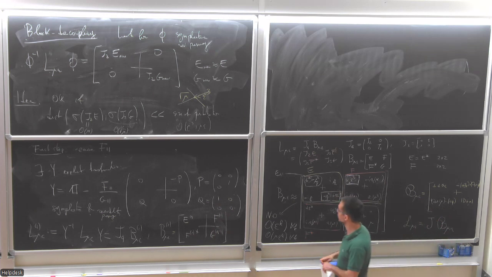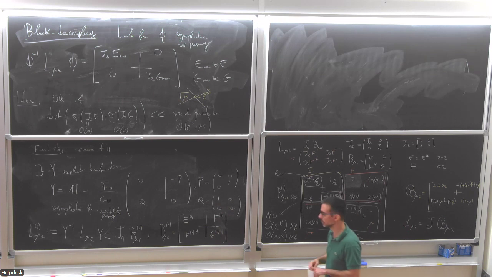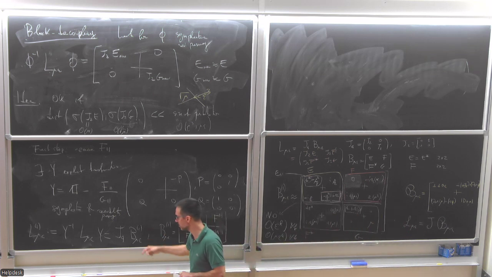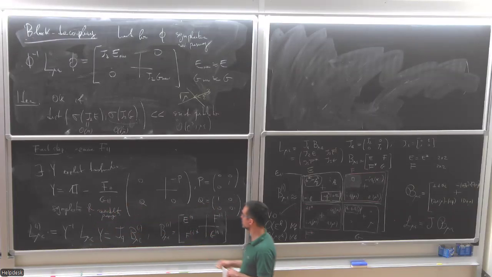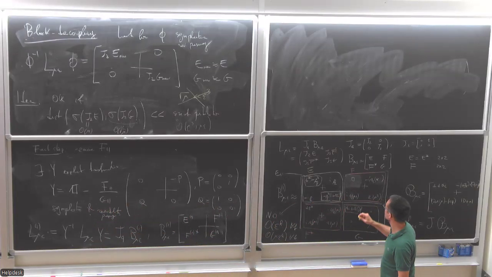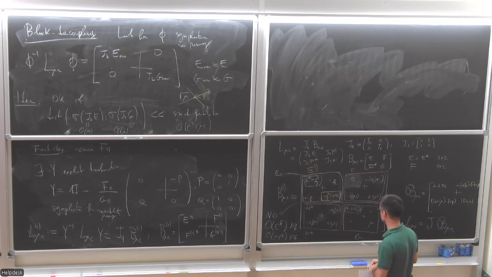I will put 1 here, except now you have completely removed this element, and so now this has become 0. This is just computation: conjugate L with the matrix Y, and you discover that you have matrices of this form.